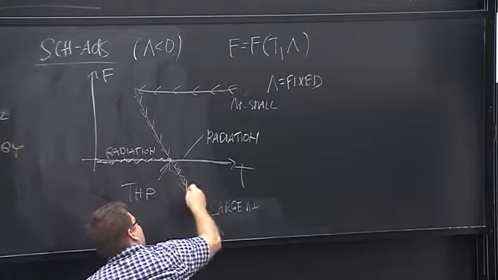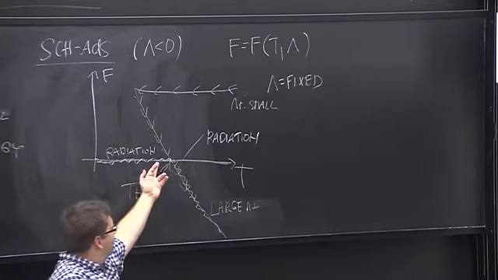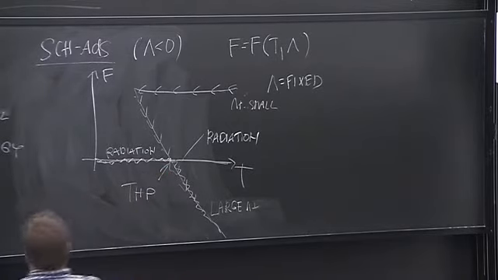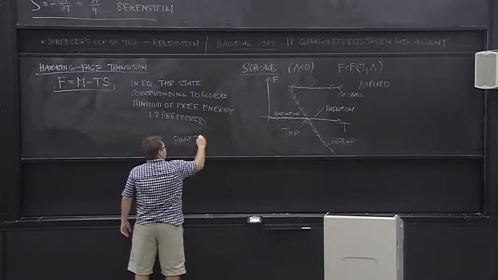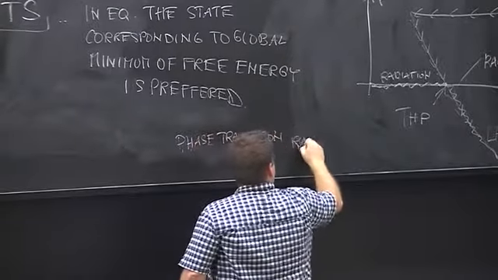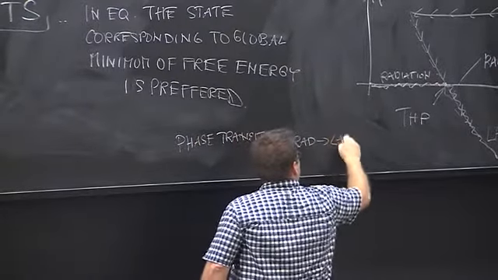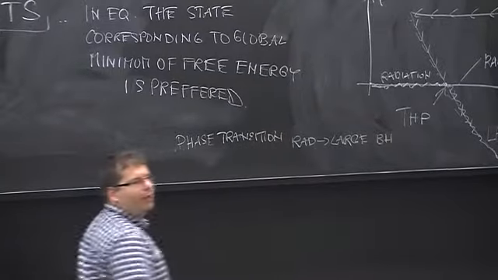So then this is winning. And so there will be a phase transition from radiation to a large black hole, which happens at T Hawking-Page.